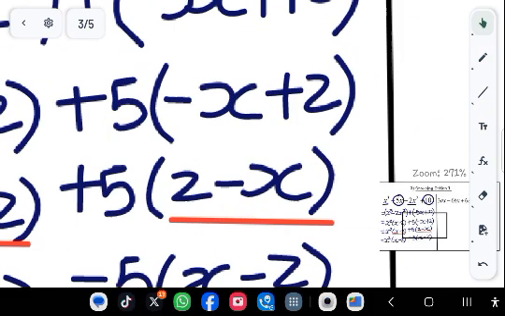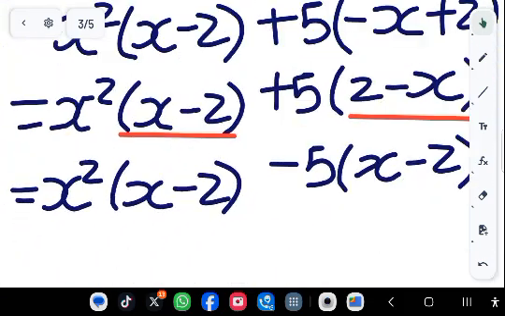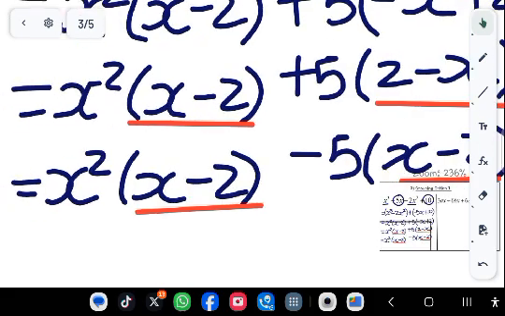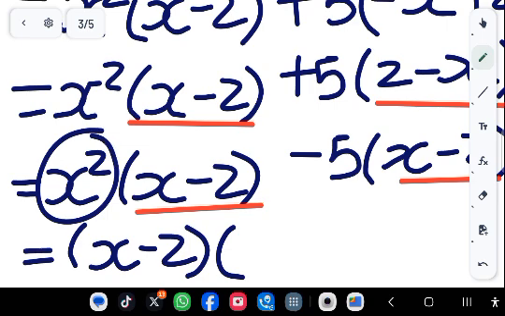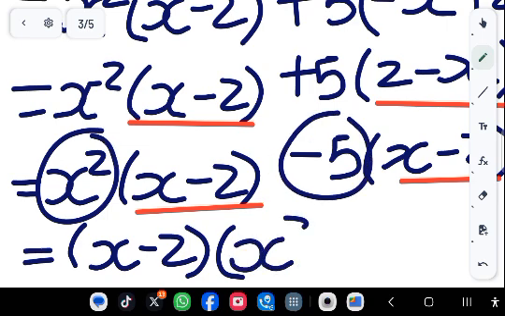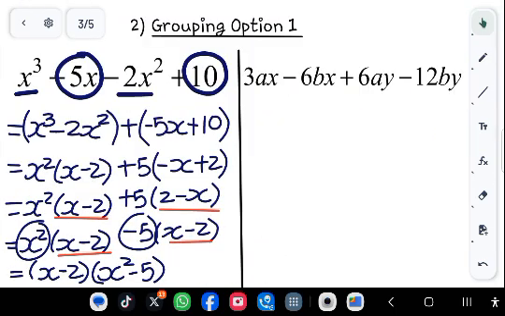Now we've got this. Now the common factor is easy to take out. So we go x minus 2 in bracket, and the one that's left is x squared minus 5. And that is how you factorize that.